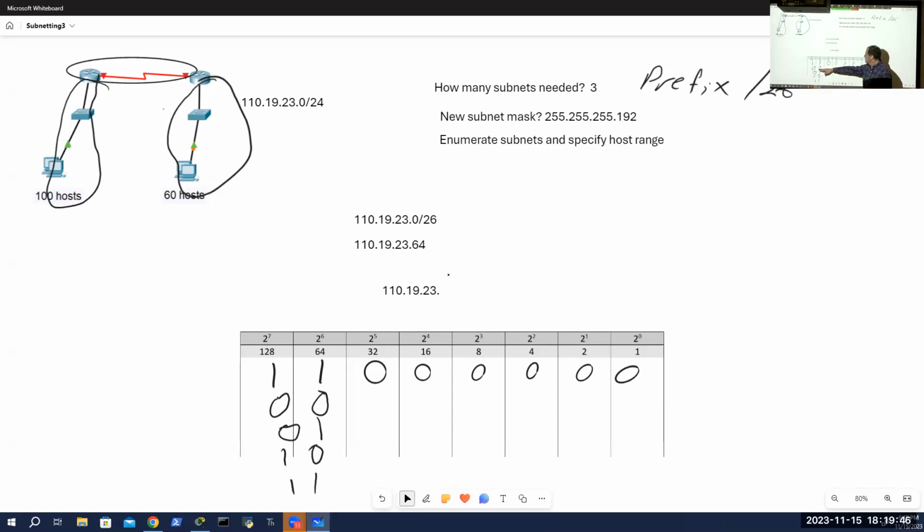Our first subnet is going to be these 2 network ID bits being 0, 0. That gives us this. Our next one is going to take these 2 subnet bits being 0, 1. That's the 64, right? Because the one is in 64. And then the next one is going to be 1, 0, which will be our third one, which will be .128.